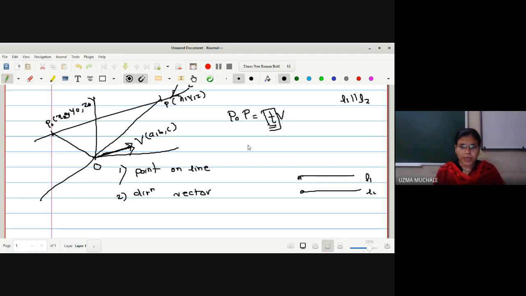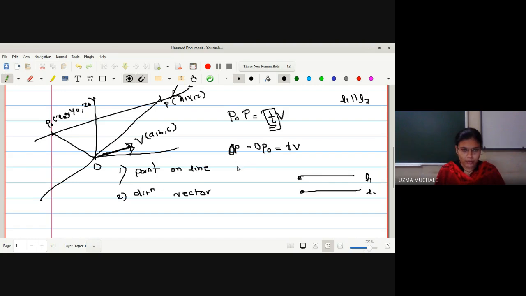Okay, so what do you have to do now? How are you going to find the distance P naught P? For that, I have to do OP minus OP naught. This is OP minus OP naught equals T times V. Correct?